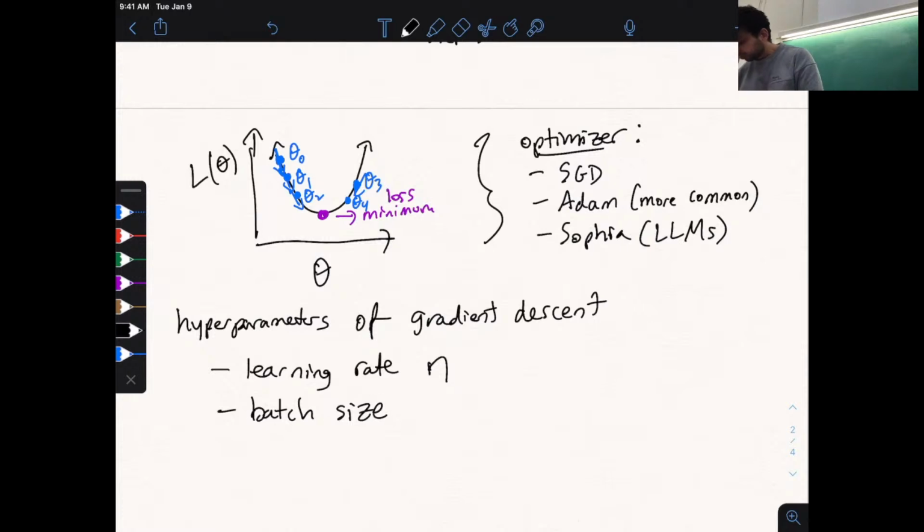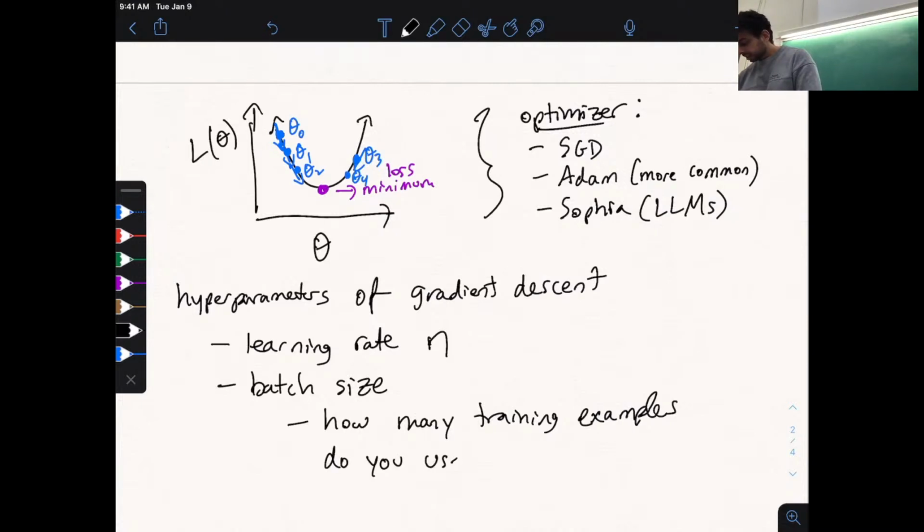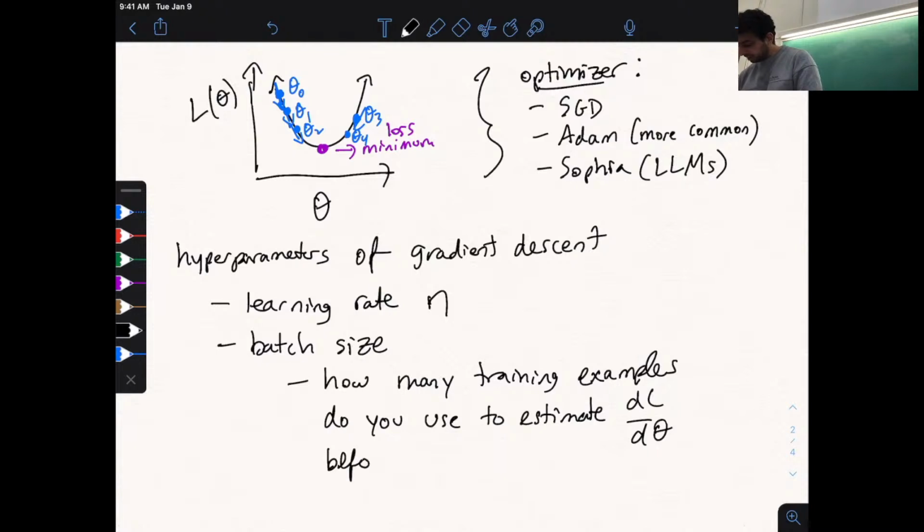It is worth discussing in more detail. So first, what is the batch size? This means how many training examples do you use to estimate the gradient dL/dθ before taking a step. This is a critical hyperparameter.